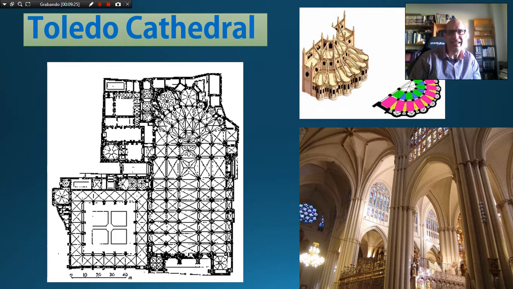Depending on the light, we have red colors, green colors, blue colors. It depends on the church, on the cathedral. You can see here also the stained glass, pointed arches, and a body of windows with stained glass in the Toledo Cathedral.